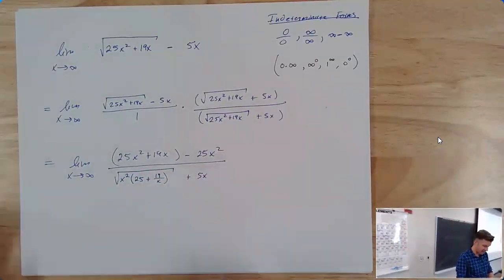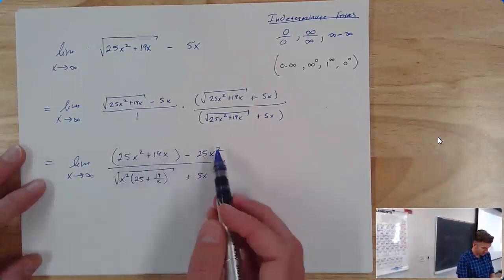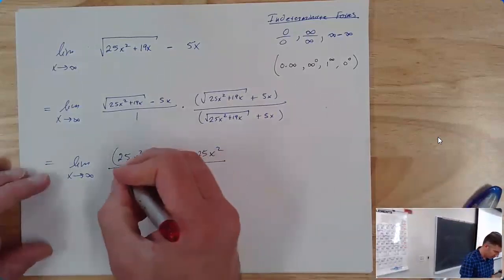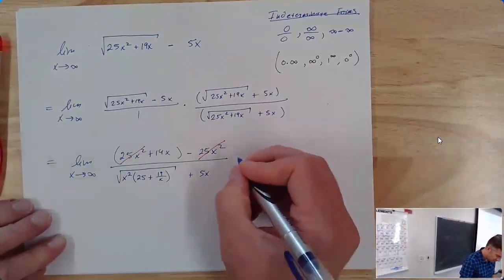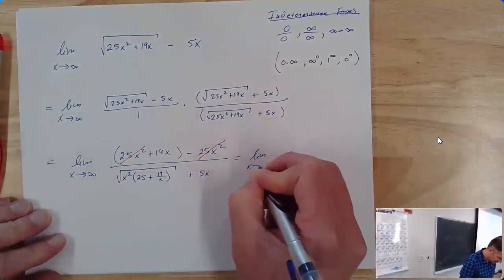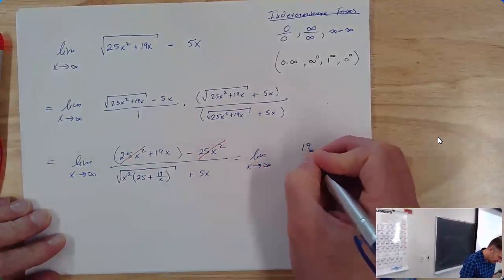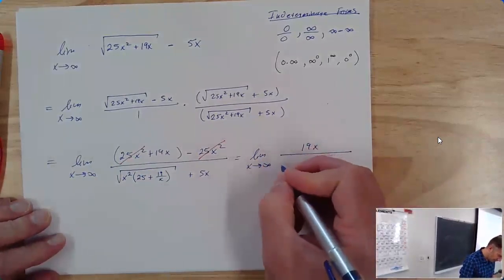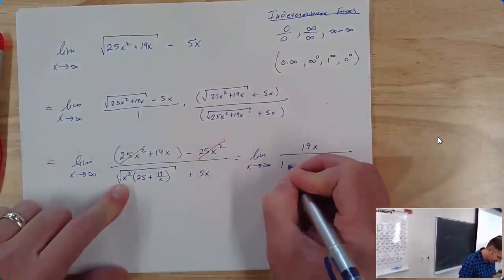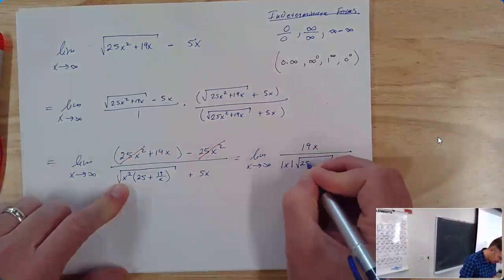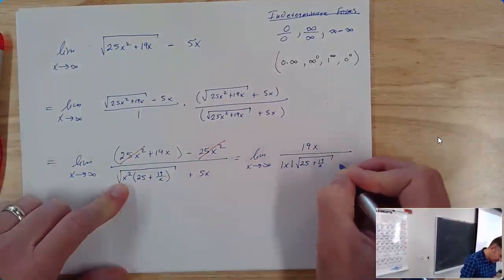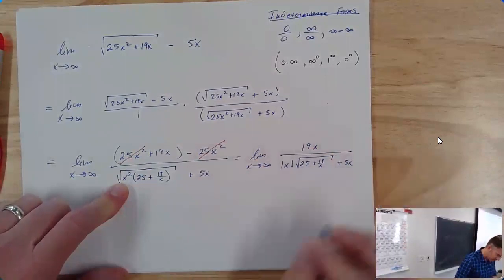All right. And then on top, the 25x squared and the minus 25x squared subtract to 0. So we're left with the limit as x goes to infinity of 19x on top over the square root of x squared, which is the absolute value of x. And then you have the square root of 25 plus 19 over x plus 5x.